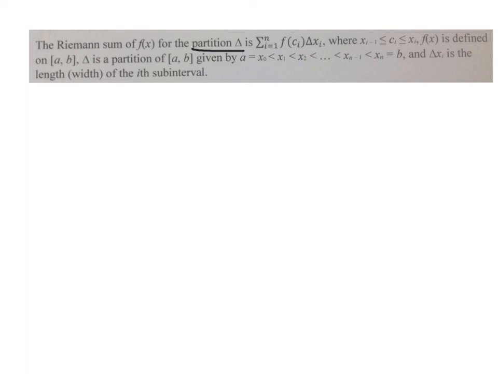That could be the left endpoint, the right endpoint, the midpoint, or anywhere else in that first subinterval, second subinterval, or in general the ith subinterval. Okay, so that would be our f of 0, f of 1, what we calculated, and then our delta x sub i.